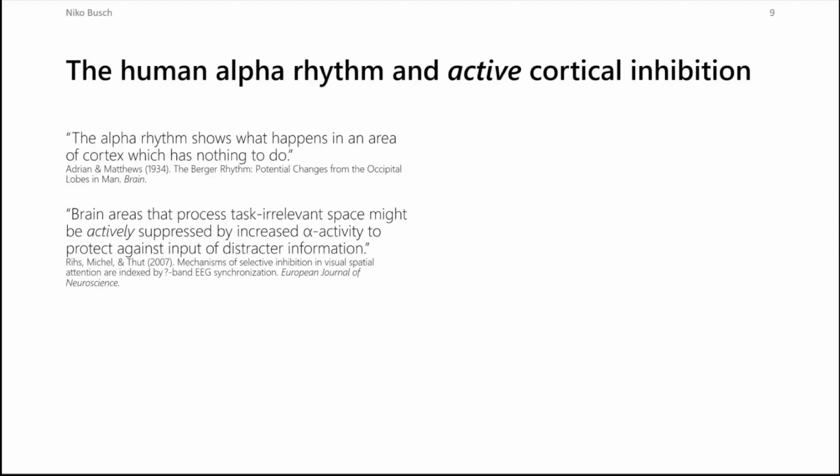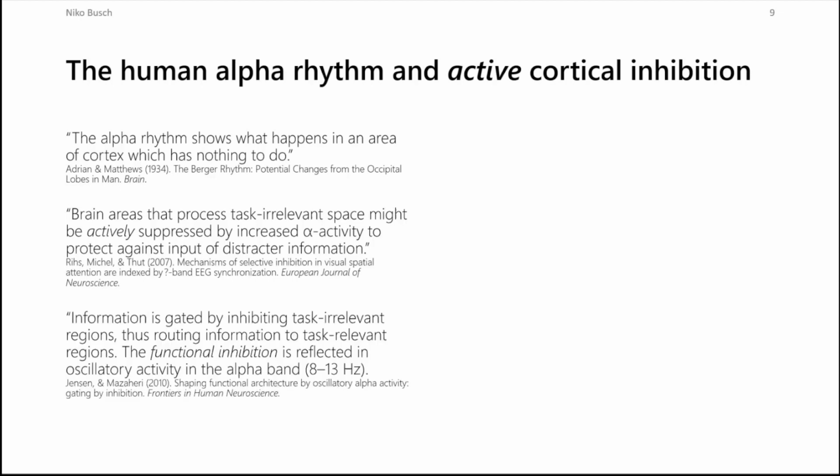The active, that's the important term here. Or in the gating by inhibition hypothesis by Jensen and Mazaheri, we say that this selective inhibition by alpha is used actively, purposefully, to route relevant information and to keep irrelevant information out. Sometimes I wonder whether these ideas are really different from Adrian and Matthews, or using only different words, but we will come to that.